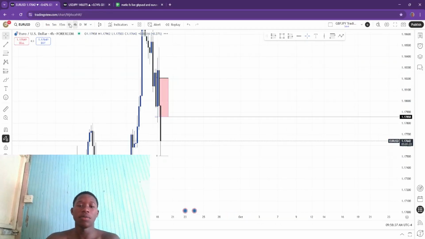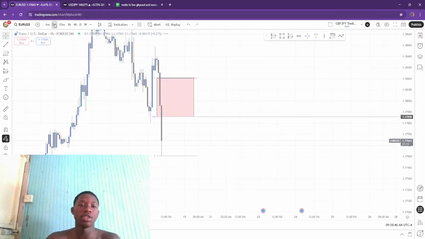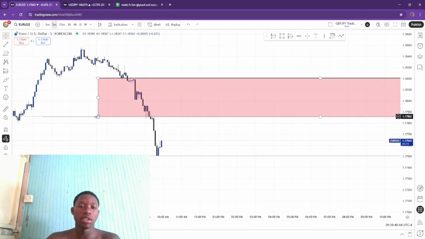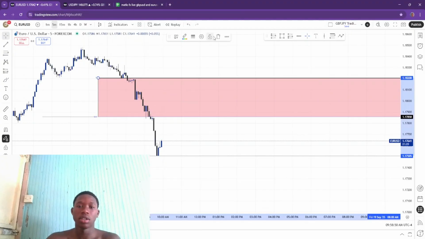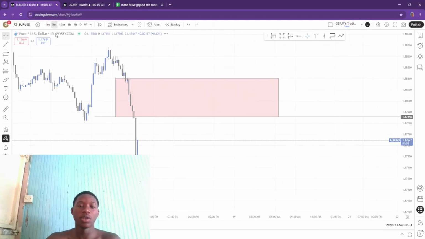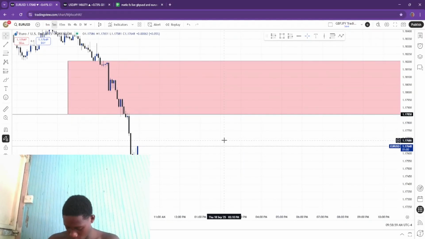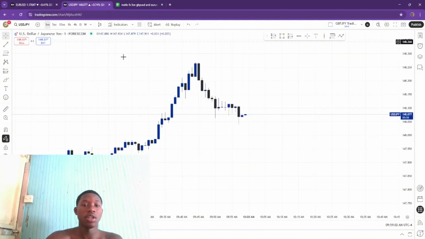As we can see, 4 hour downtrend right here, then 1 hour downtrend right here. Simple. Going to look at the time, 5 minutes to see a liquidity level just above that.